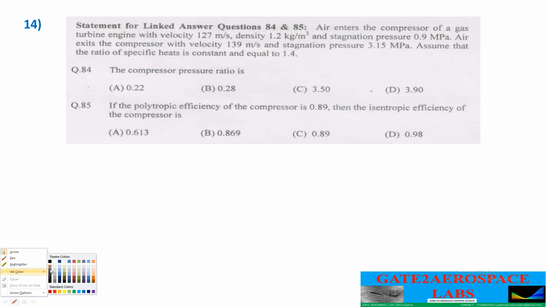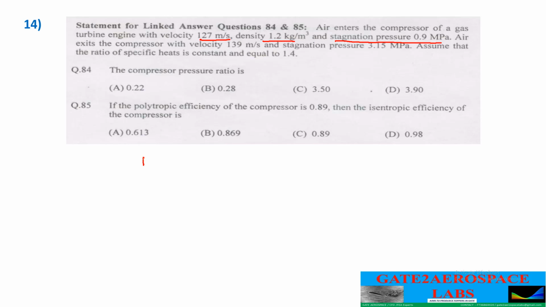This question, see, air enters the compressor. At the entry of the compressor, the velocity, the density and the stagnation pressure are given to us. That means P01 is 0.9 megapascal, and the exit velocity is 139. At the exit, the stagnation pressure is given as 3.15 megapascal. This also is in MPa. And the value of the specific heat constant is given as 1.4.